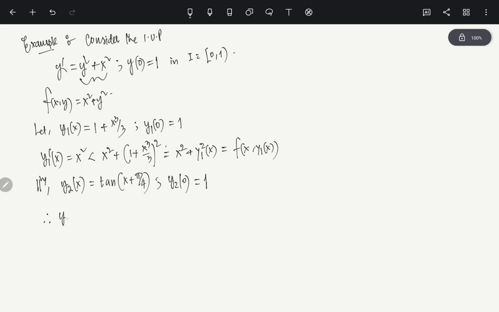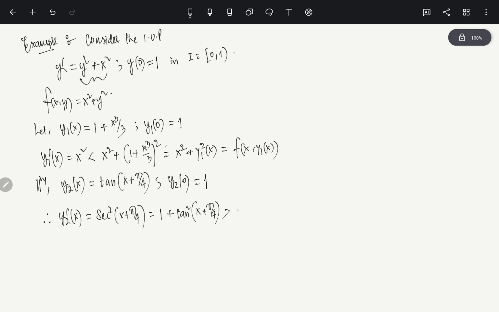Therefore y2 prime of x is the derivative, sec square of (x plus pi by 4), which is 1 plus tan square of (x plus pi by 4).